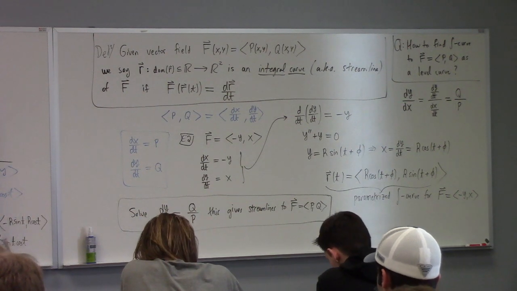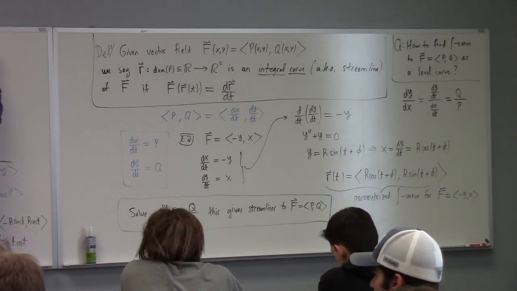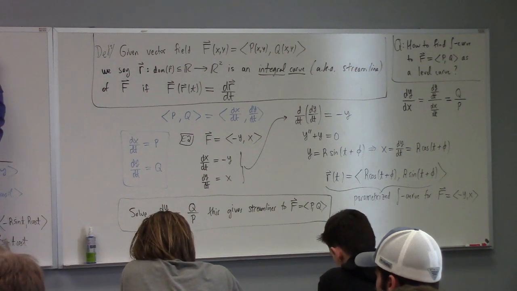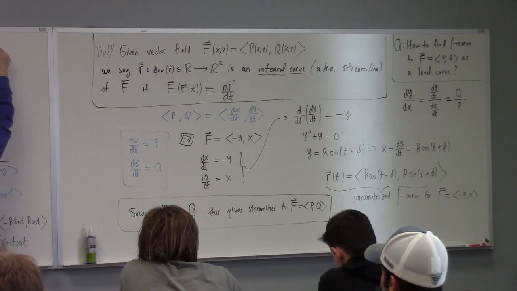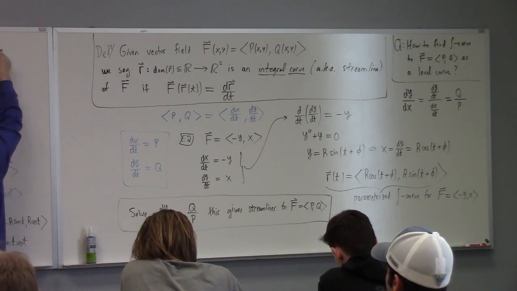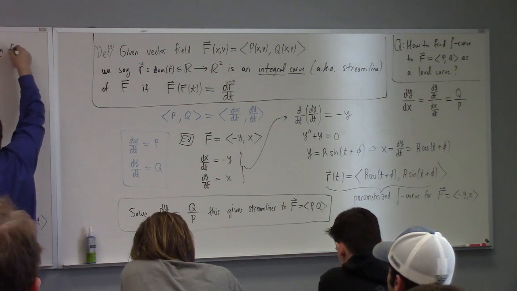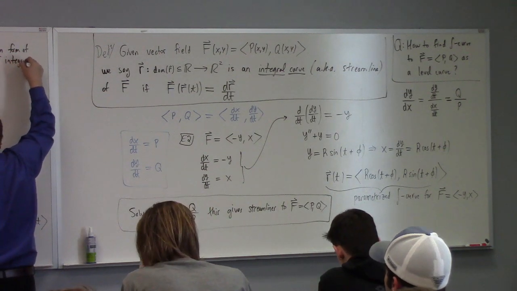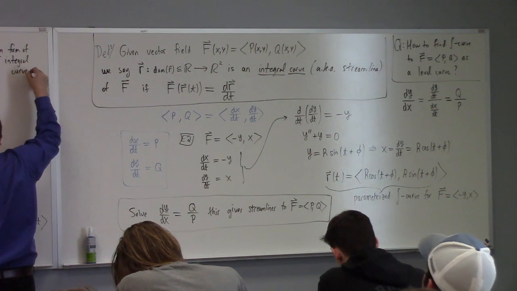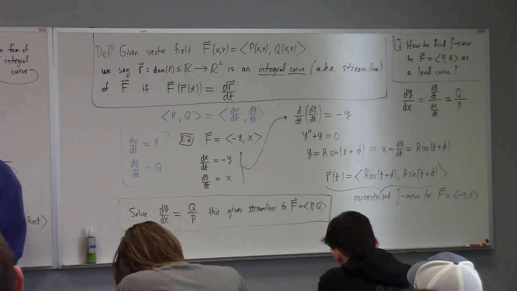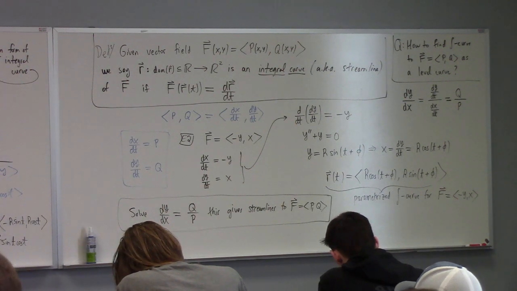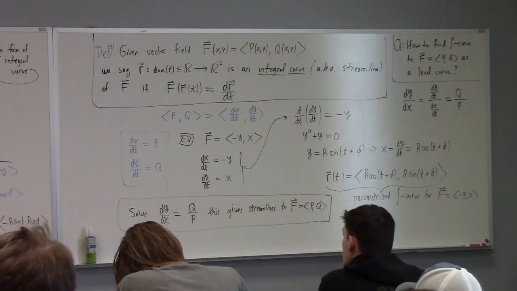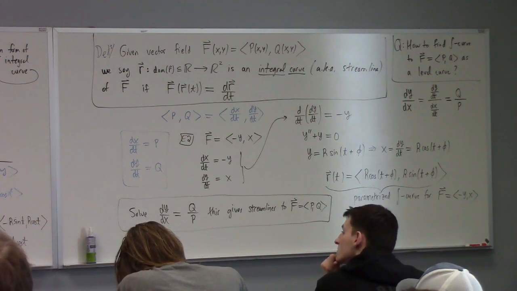At the moment, we're trying to find the Cartesian form of the integral curve. The level curve is the Cartesian form, right? It just has x and y, there's no t.